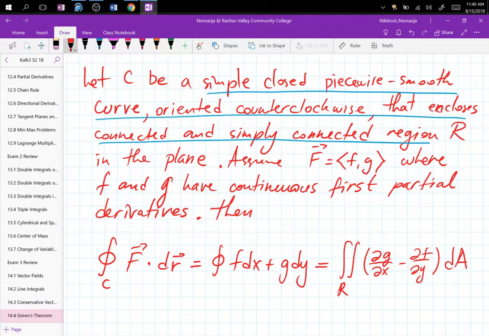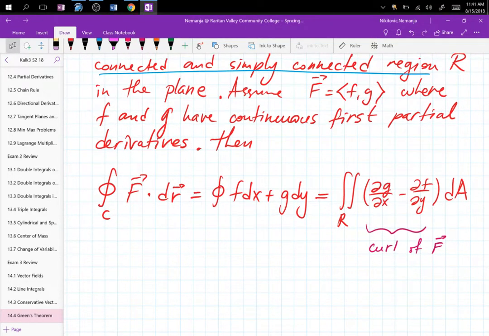We are going to do an example of the circulation form. The partial derivative combination you see is called the curl. So this over here is defined as the curl of F, the curl of the vector field. So curl F is given by the partial derivative of G with respect to x minus the partial derivative of F with respect to y.